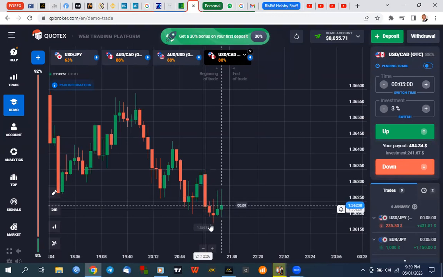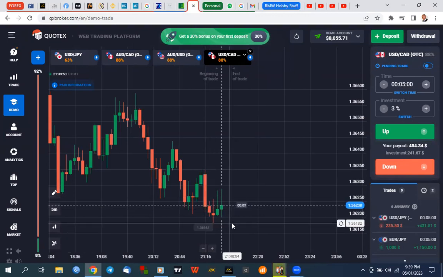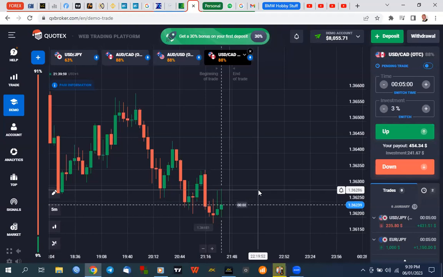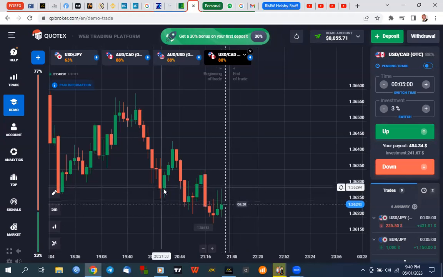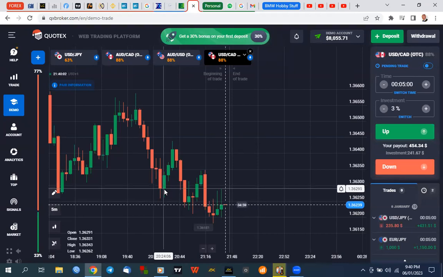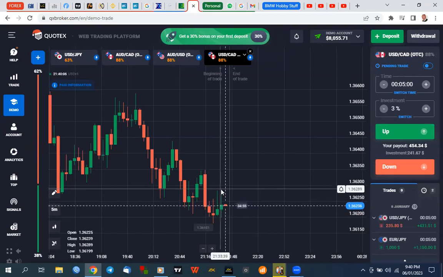It came down to this point, 1.36182, and retraced up. At this point of retracement, it will get to support here. This support, you can see it came back here to retest.